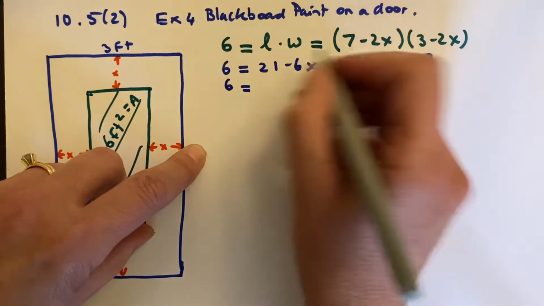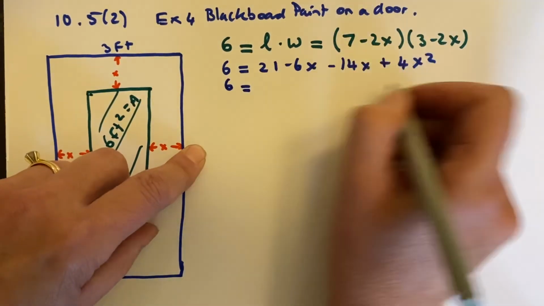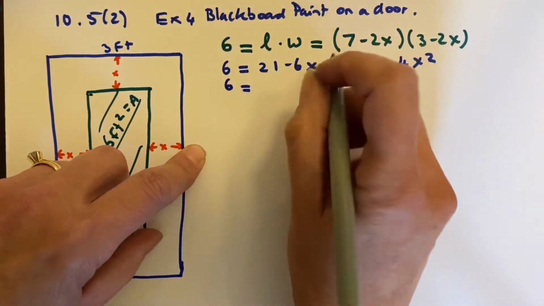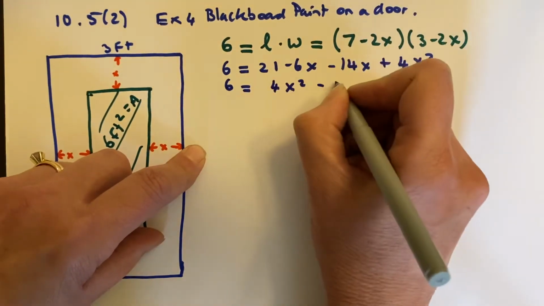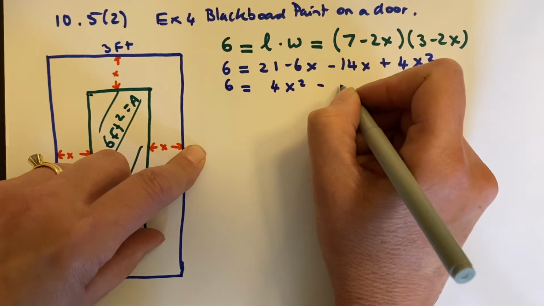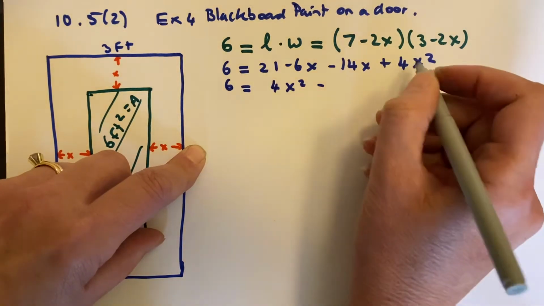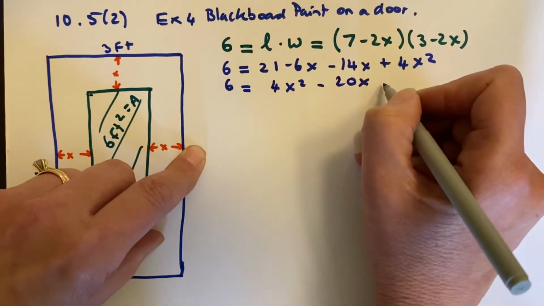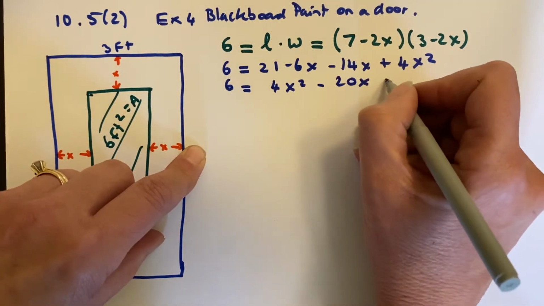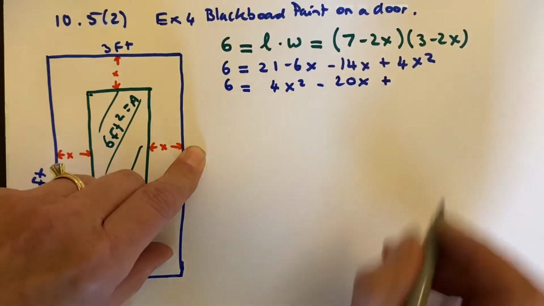And I'm also going to put this in descending degree and put the 4x squared term in the front and the numbers in the back. So 4x squared minus, let's see, did I do this right? Negative 6x. Yeah, minus 20x plus 21.